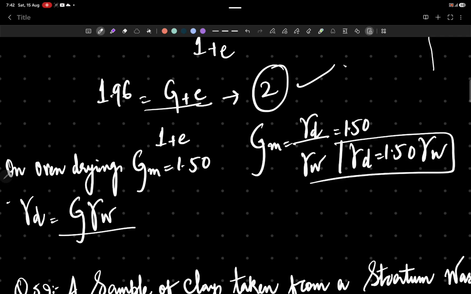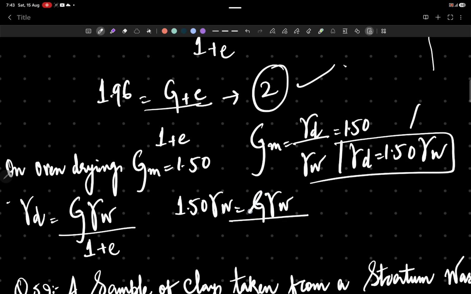Dry unit weight I'll use 1.50 times gamma W as per this equation. This becomes G rho W divided by 1 plus e. This and this will go. So 1.50 becomes equal to G divided by 1 plus e.